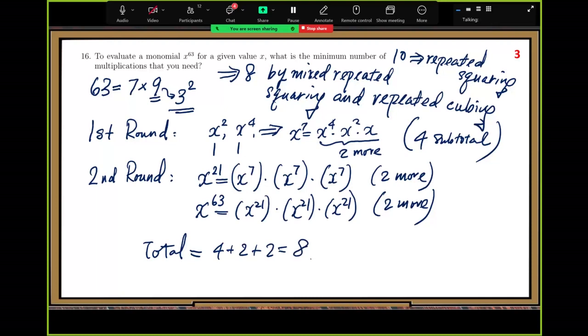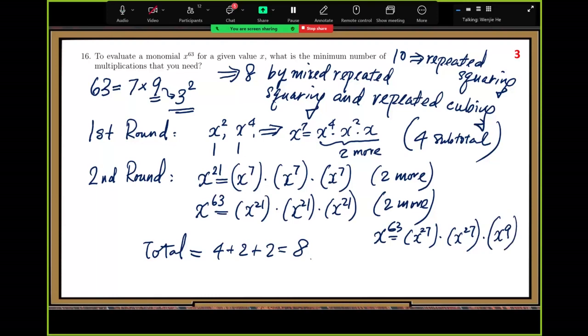Some students give me a different way to get x to the 63rd. That's okay. I saw one student use this structure: x to the 27 times x to the 27 times x to the 9.